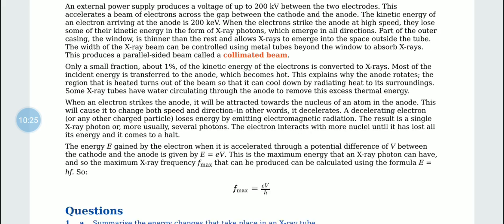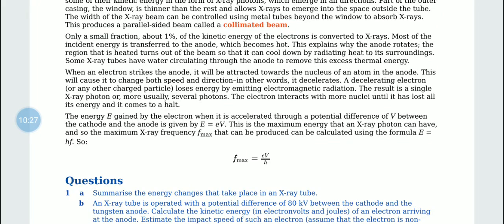So the energy E gained by an electron when it is accelerated through the potential difference of V between the cathode and anode is given by E equals eV, simple e, capital V. That is the maximum amount of energy that an X-ray photon can have.